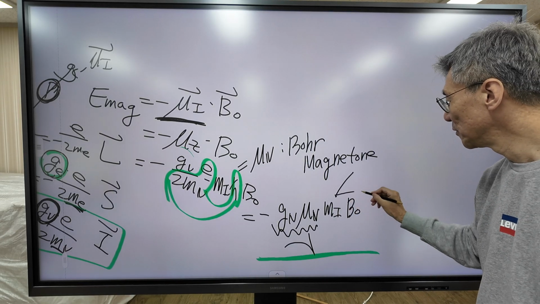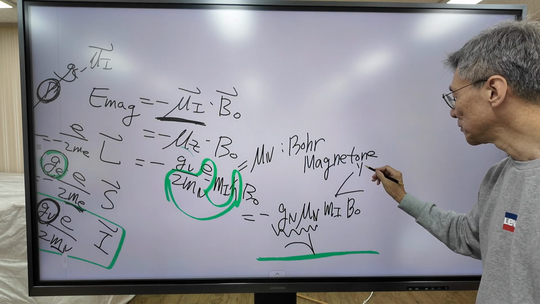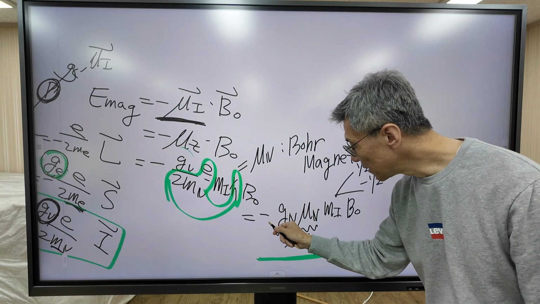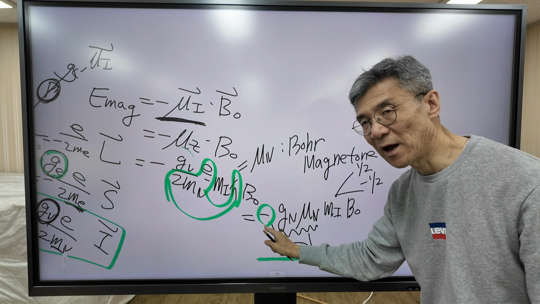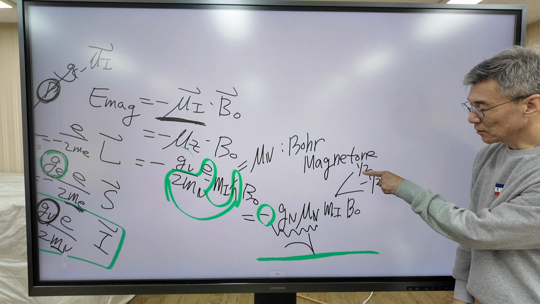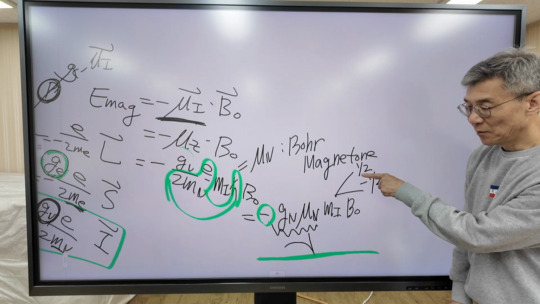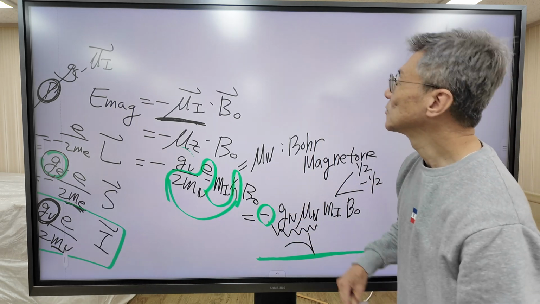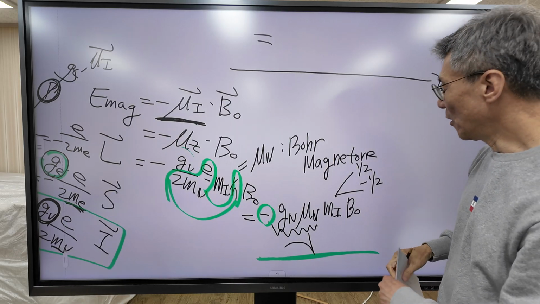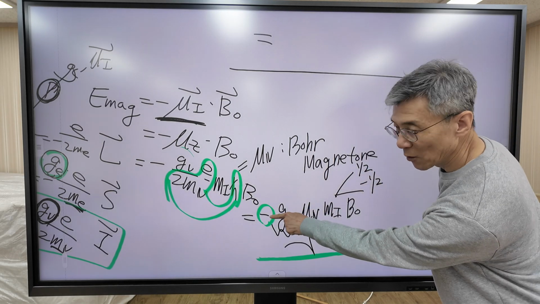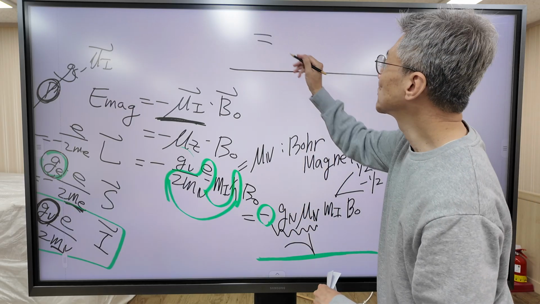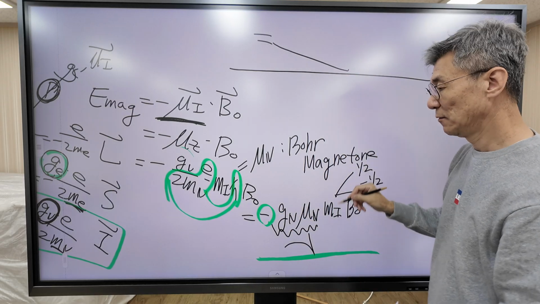mI has two values, plus 1 over 2 and minus 1 over 2. Please note that there is a minus sign. So for up spin, the quantum number is plus 1 over 2, but here is a minus sign. So for up spin, the energy is lower because we carry the minus sign. What is the energy?